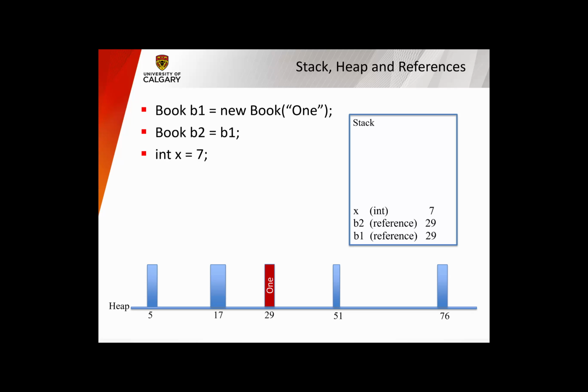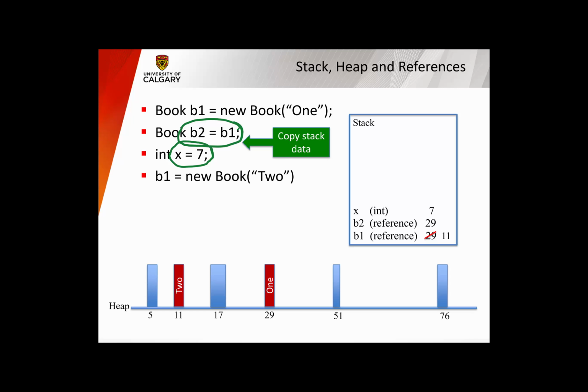The moment that I say B1 is a new book, I see the new keyword, we'll go to the heap, we'll get space for it. In this case, it ended up on location number 11. So now it says B1 is equal to wherever that is on the heap, namely location 11. So the stack is updated such that B1 is referencing 11. Again, this makes no difference to B2.